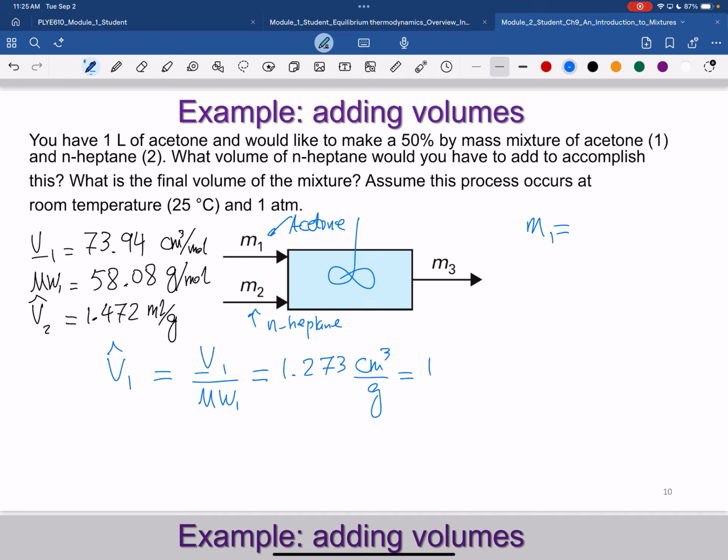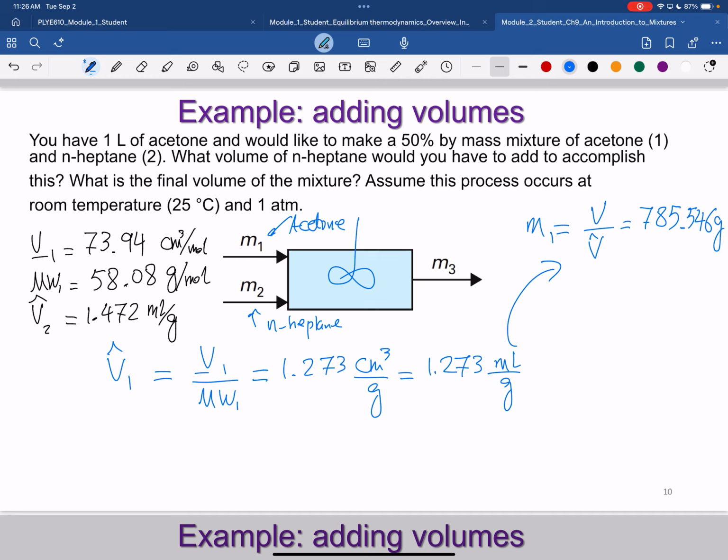This is equivalent to that milliliter per gram. Then I can divide V by V hat. So this is going to give me 546 gram. Okay, now I know how much acetone I'm putting. That's the gram of acetone. I will wait and put it there.